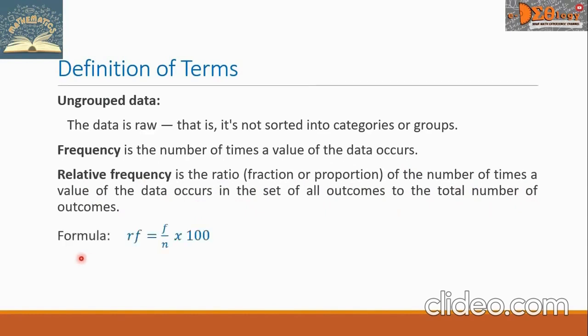The formula will be like this. Rf equals f over n times 100, where f is the frequency and n is the total number of frequency.